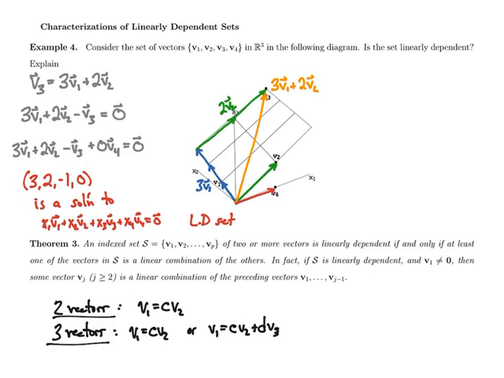Both of those would mean linearly dependent. And once you have four vectors and more vectors, it gets more and more complicated. But all you need is one non-trivial linear combination of vectors to give us linearly dependent. And that's going to be a big talking point for our linear algebra course, is we can determine if a set is linearly dependent by writing one vector in terms of the other vectors as a linear combination.